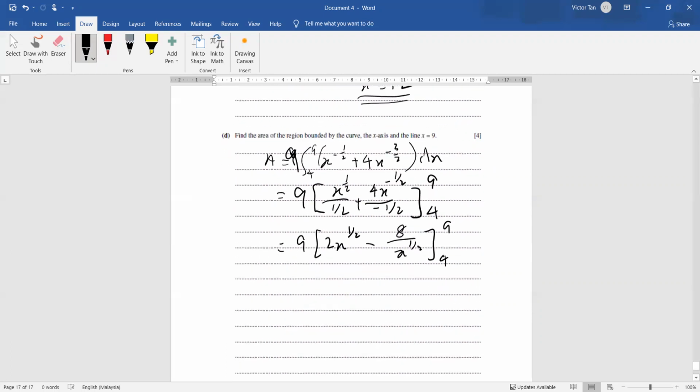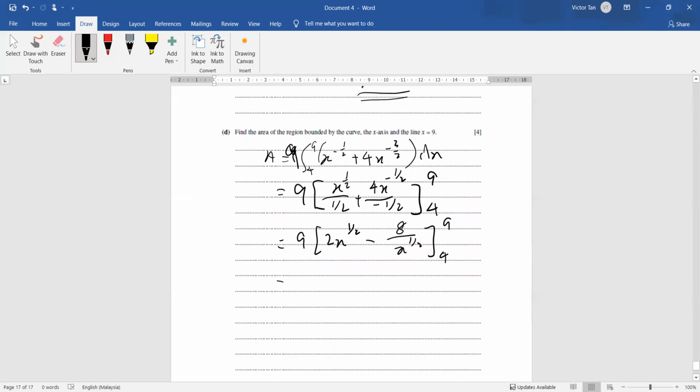See, it will give you a perfect square for 9 and 4 because both are square roots. For 9, square root of 9 is 3, 2 times 3 is 6, minus 8 over 3. Minus, square root of 4 is 2, 2 times 2 is 4, minus 8 over 2 minus 4, so this is 0.